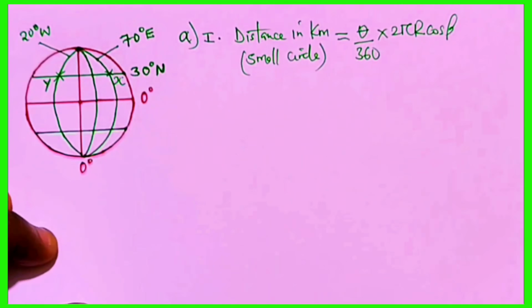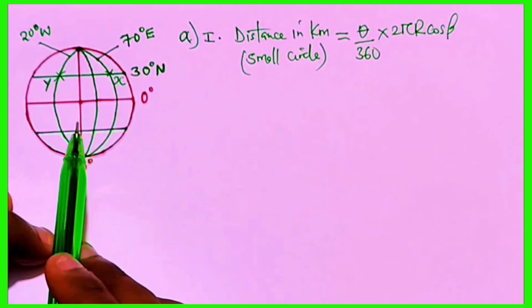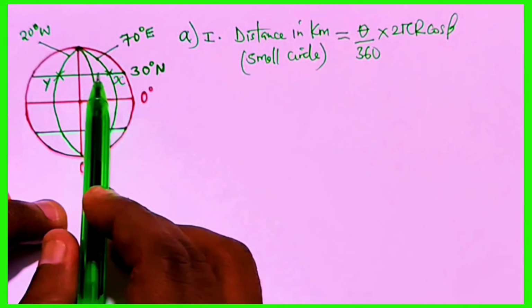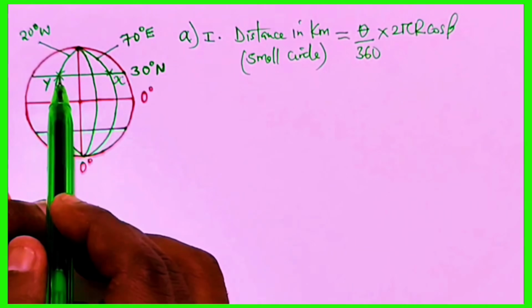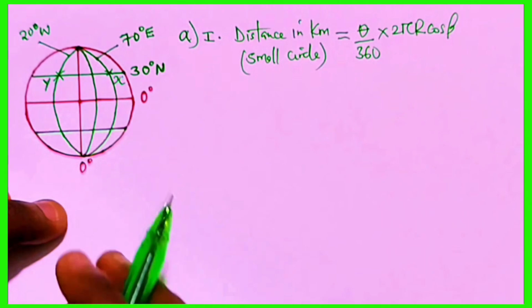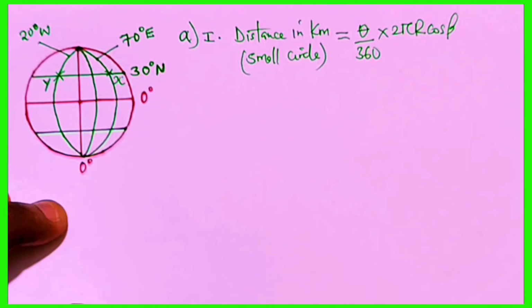And then what will be the value of theta? The value of theta will be the 70 degrees on the eastern side of Greenwich, and then the 20 degrees on the western side of Greenwich. When you add them together, we are going to get 90 degrees.